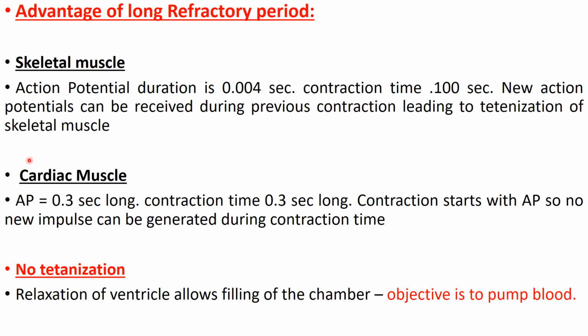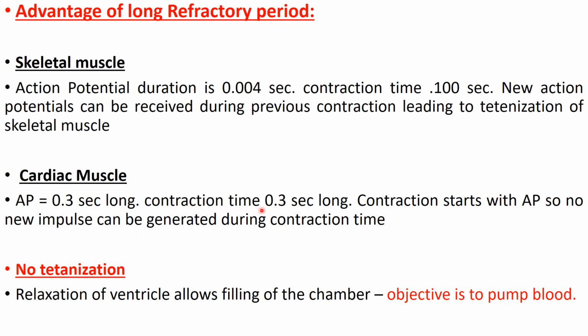The cardiac muscle has got an action potential of 0.3 seconds. There's a lot of difference between this 0.004 seconds and an action potential of 0.3 seconds. You see this difference? This was because of the plateau phase.